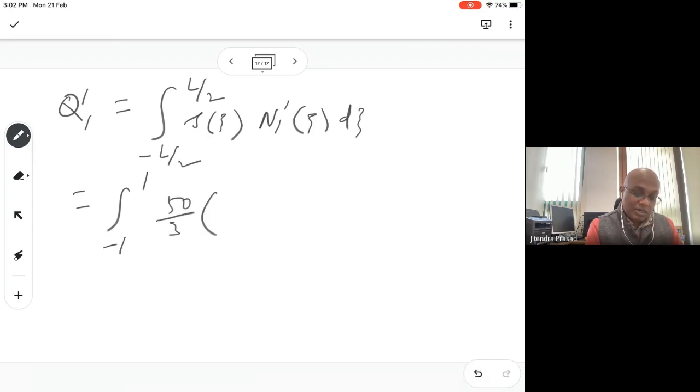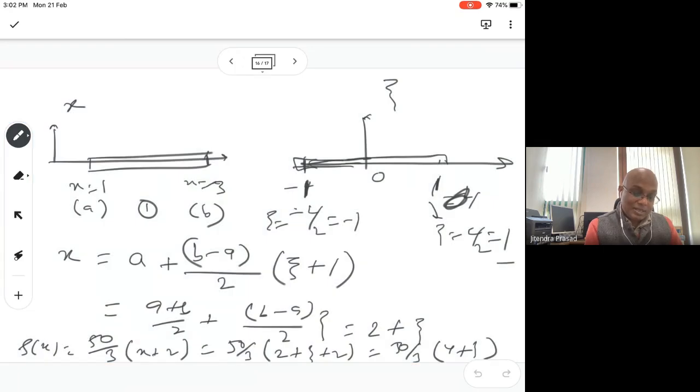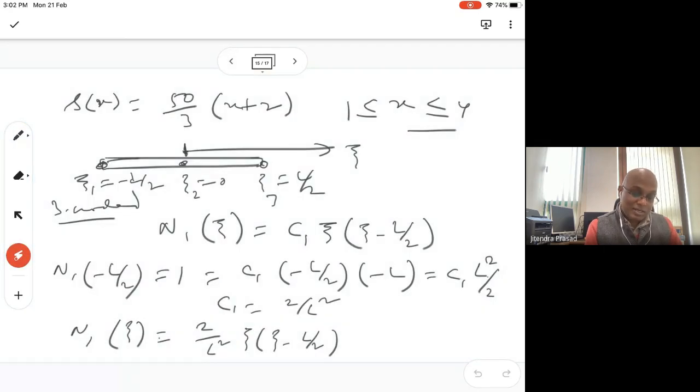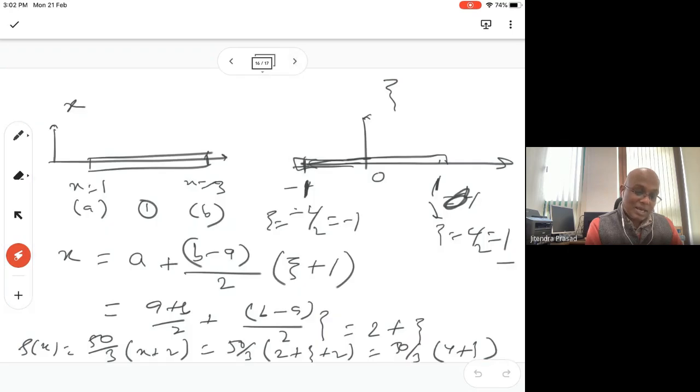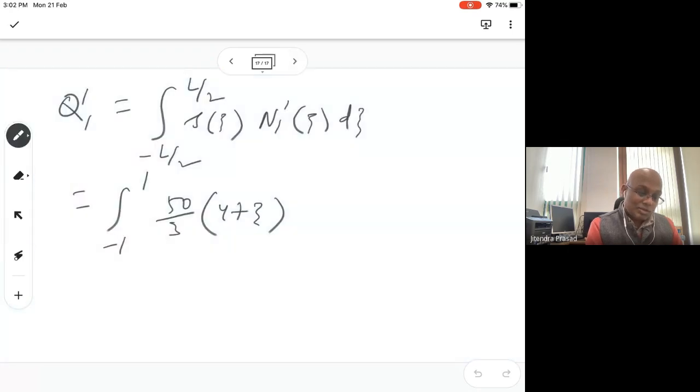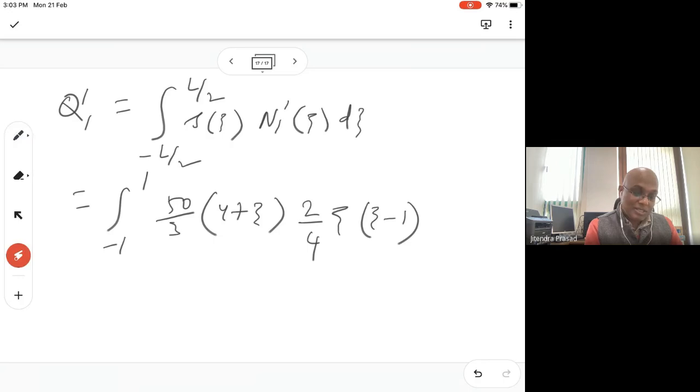N1 is 2 over L squared, where L equals 2, so 2 over 4, times xi minus L over 2, so xi minus 1. So this is N1, and then d xi.